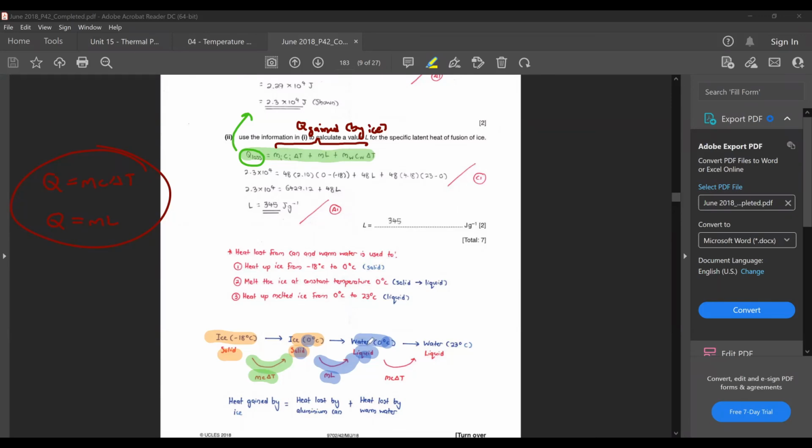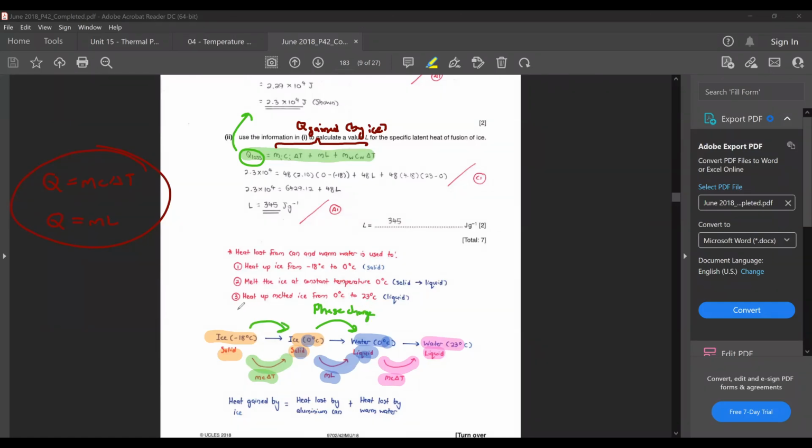Once your ice has changed to water at 0 degrees, now in liquid form, it still needs to gain heat energy so that the temperature becomes 23 degrees while it's still liquid. So this one, you will still use MC delta T. Here you have phase change.